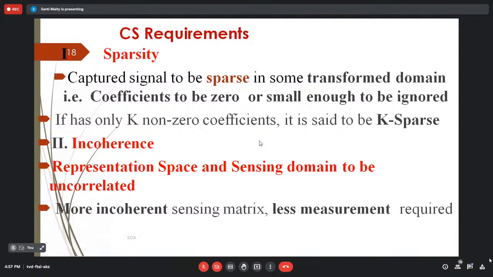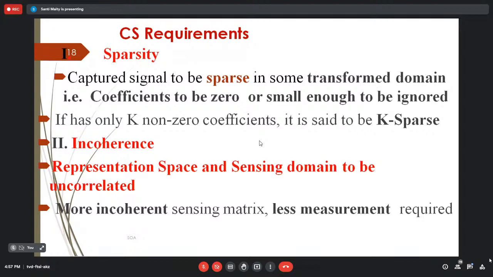To meet that, there are two essential requirements. One is sparsity. What does sparsity mean? It means, as I keep saying, going for a compact form of representation. If your signal or your data points are represented or projected in a space where only a certain number of coefficients are non-zero, a signal, or a sequence of data, is said to be k-sparse provided k non-zero coefficients are there.